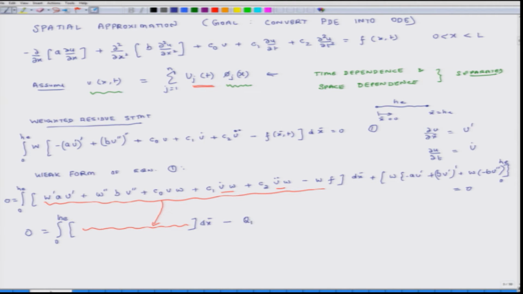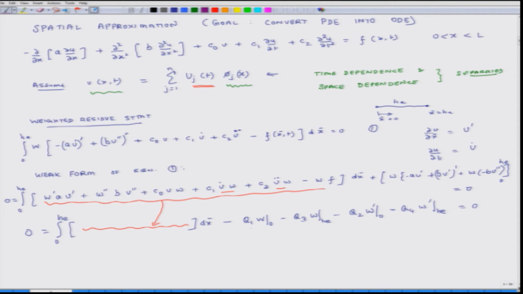These boundary terms are q1 w evaluated at 0 minus q3 w evaluated at He minus q2 w prime evaluated at 0 minus q4 w prime evaluated at He, excuse me, this should be only the first derivative, and this entire thing equals 0.